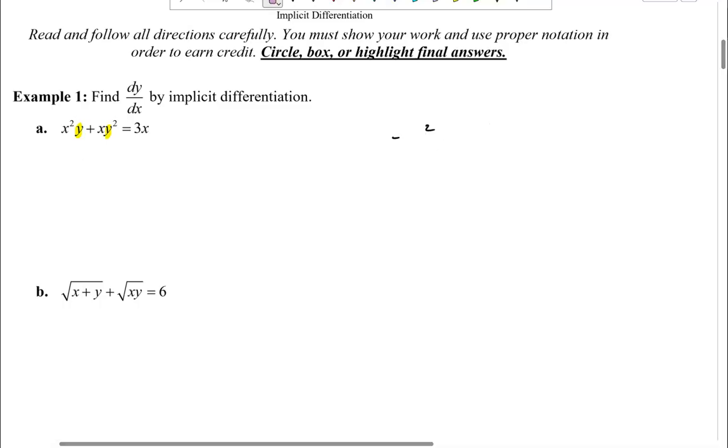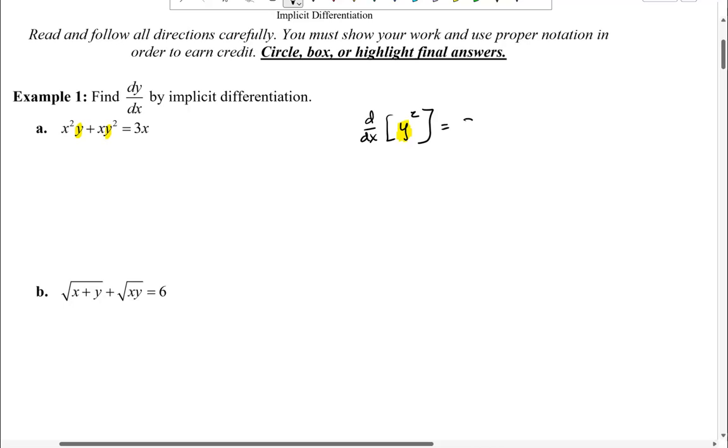And what you'll notice, let's just look at the y squared for a moment. If we were to take the derivative with respect to x, remember this symbol here is a command to take a derivative of what comes after with respect to x. So if we're going to take a derivative of y squared with respect to x, and we're thinking of y as being a function of x, you can imagine sine x instead of the y, for example, you would have to use chain rule.